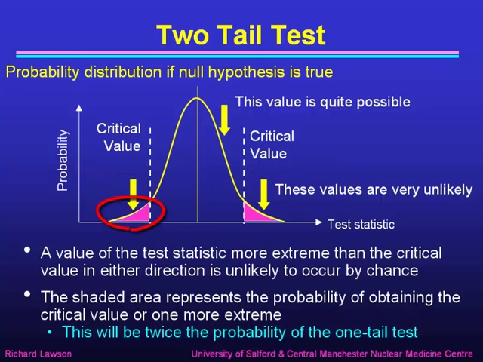So the two shaded areas represent the probability of obtaining a critical value or one more extreme in either direction. Compared with the one-tailed test, the area under the curve is going to be twice that from the one-tailed test, and so it corresponds to twice the probability of the one-tailed test.